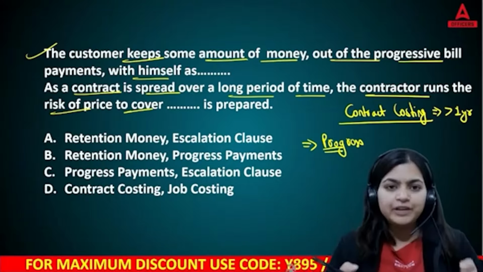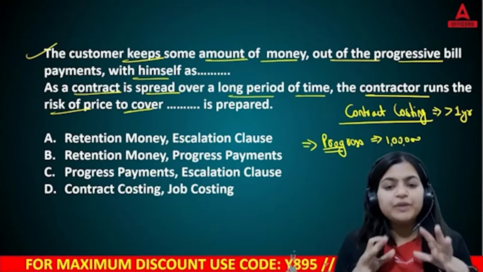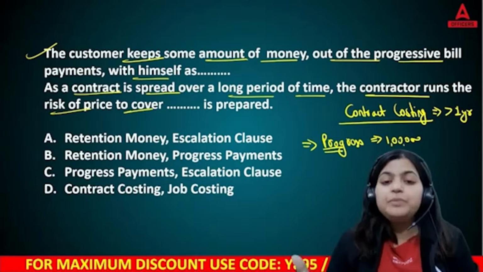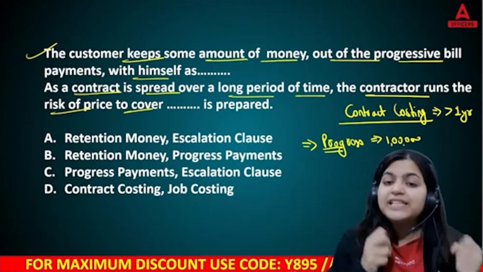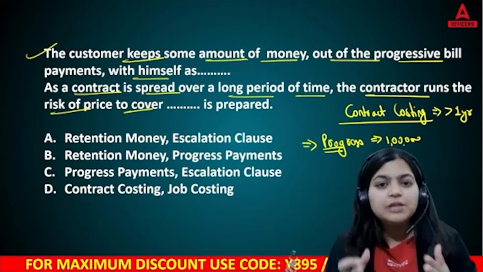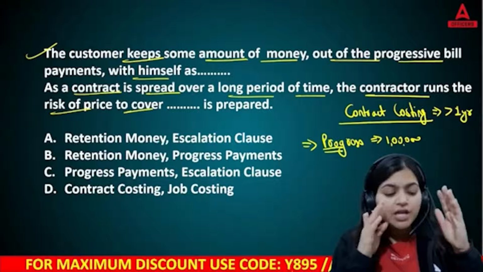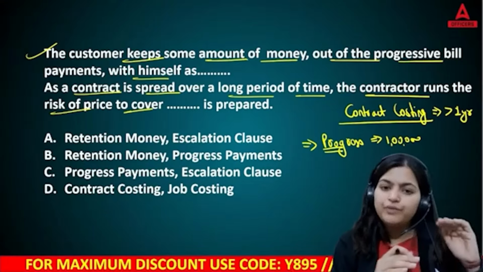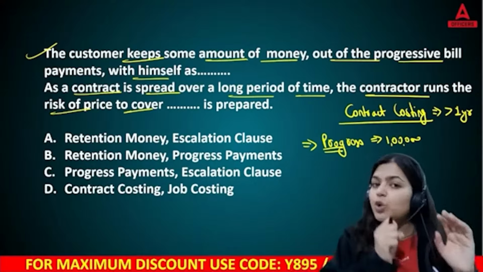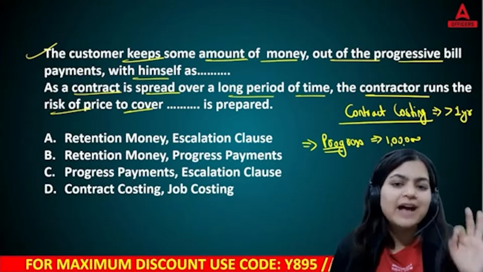So what is this? Progress payment. But sometimes, let's say this progress payment amount is equal to 1 lakh. Now we know if we pay all the amount, there might be a possibility that the contractor can stop working. So for the safe side, customers generally retain some amount. Let's say the contractor has done total construction of rupees 1 lakh, but now we are not paying the total 1 lakh, we are retaining 5,000 and paying only 95,000 as progress payments.